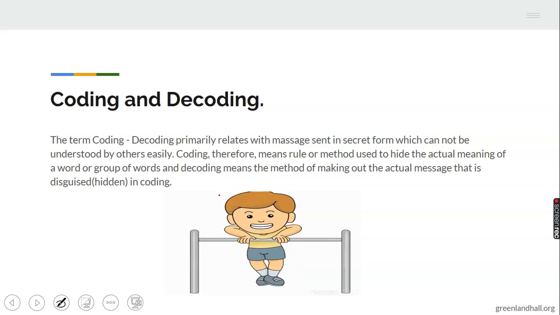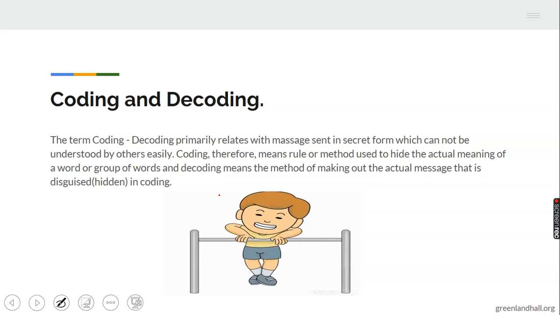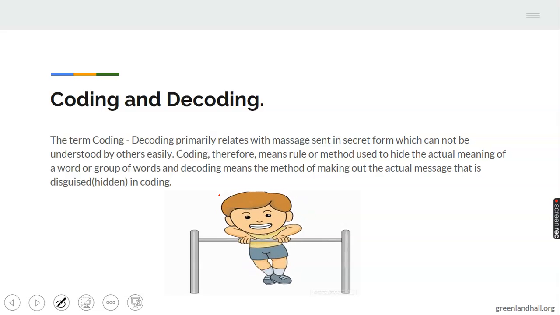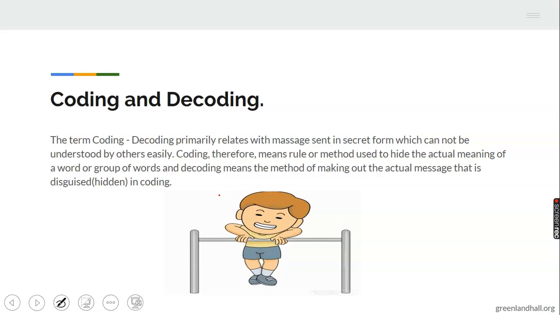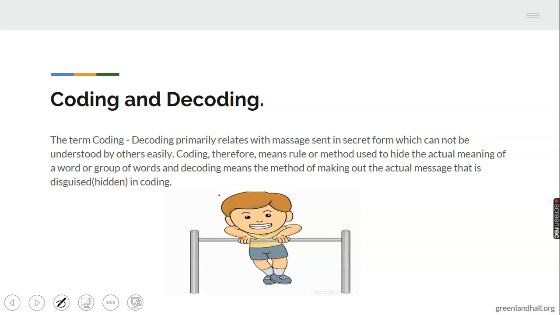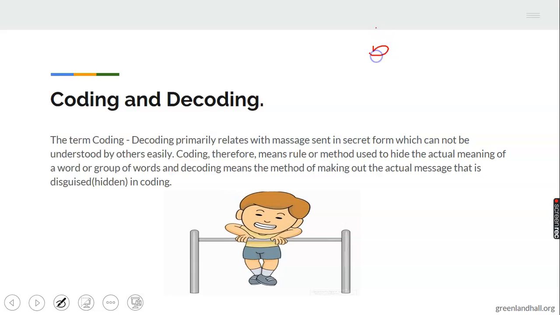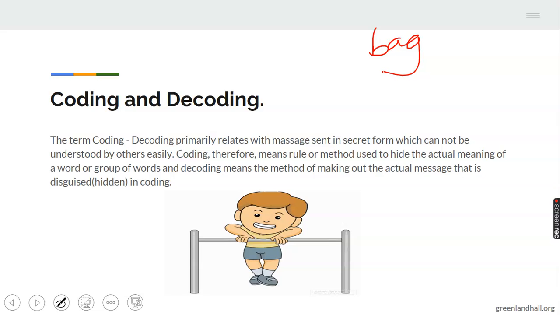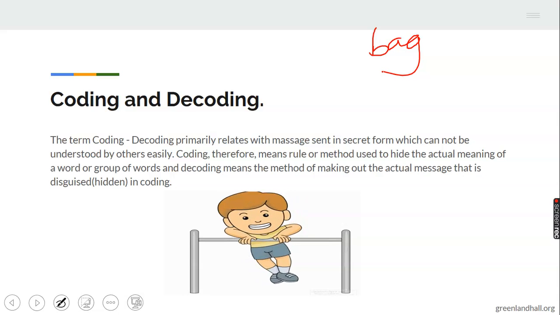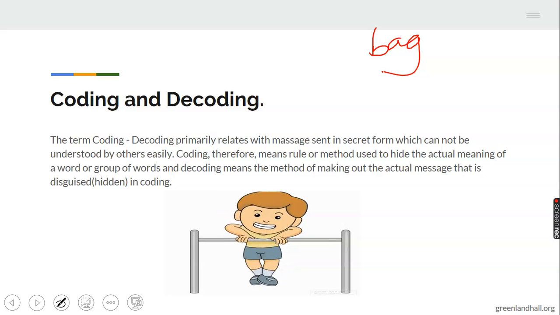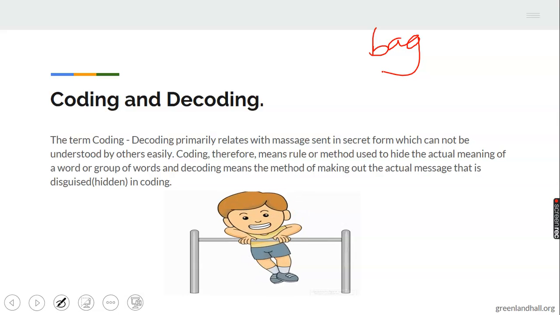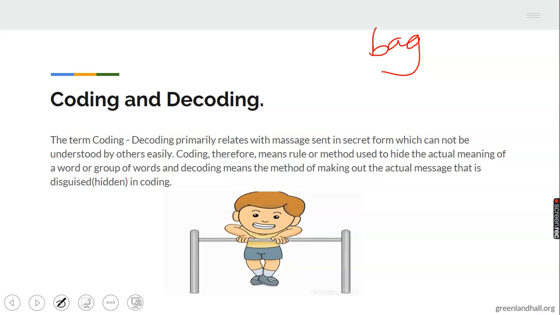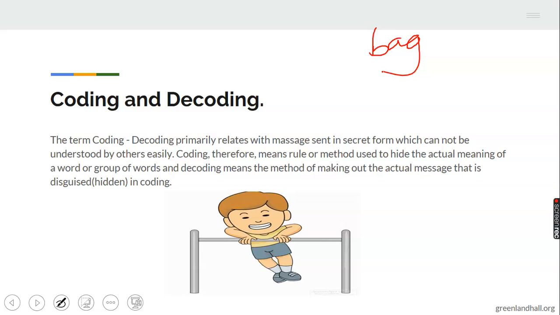Let me tell you, I want to tell you something and I don't want another person to hear. Maybe you asked me, what did you bring for me? And maybe I've brought you a bag, but I don't want to say bag in the presence of every other person. So I can just code the word. Instead of saying bag, instead of using these letters, I can just use numbers.